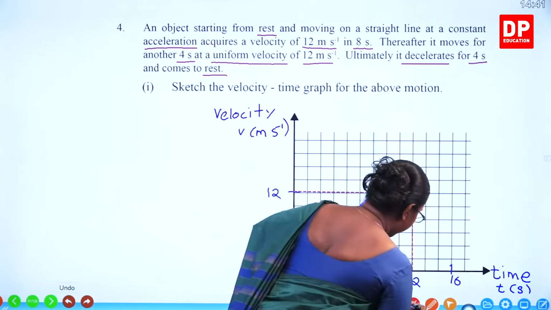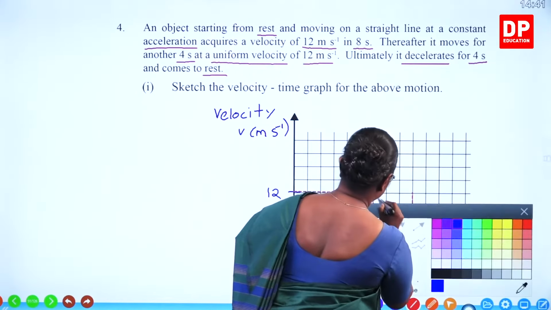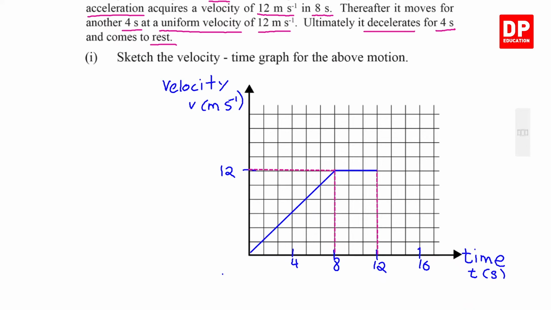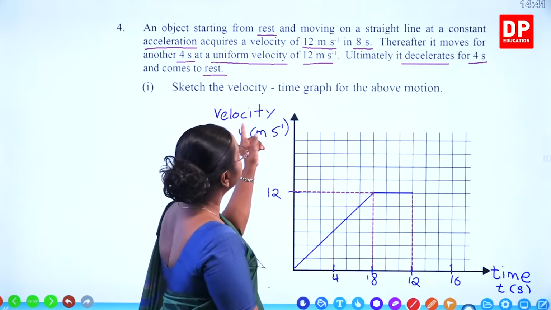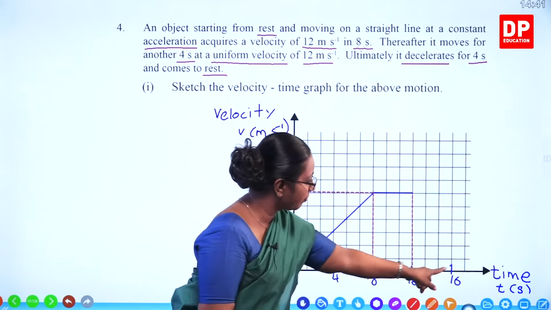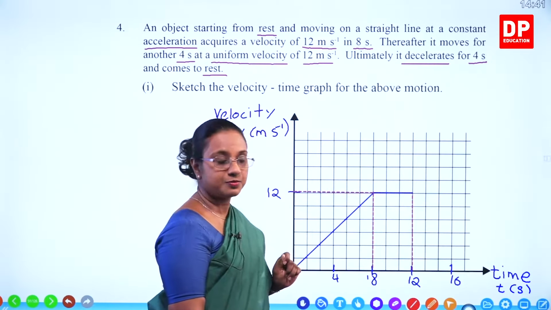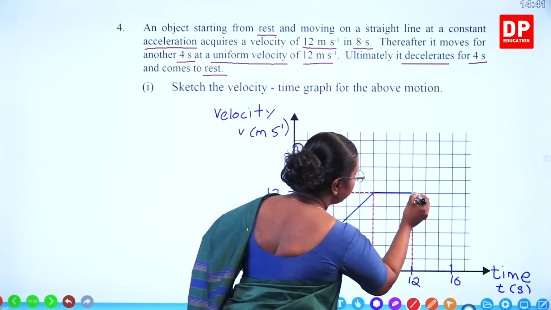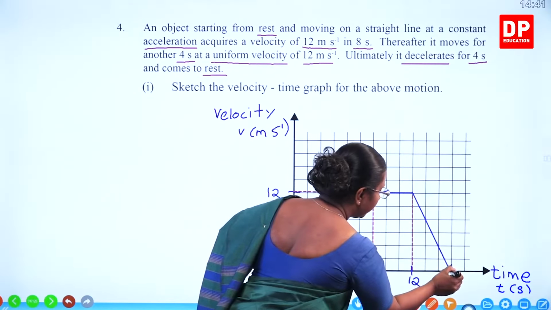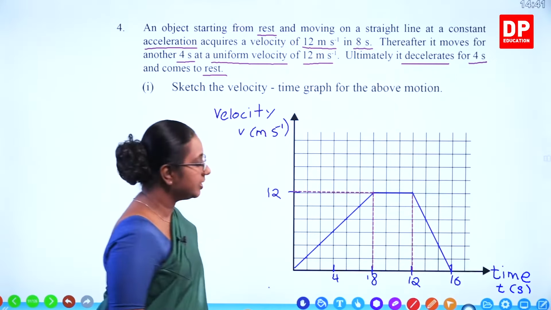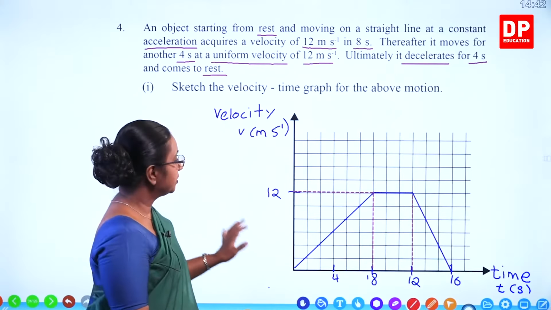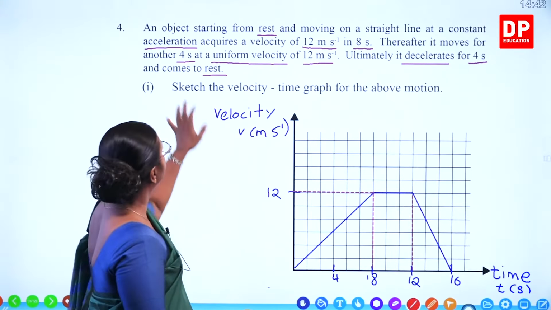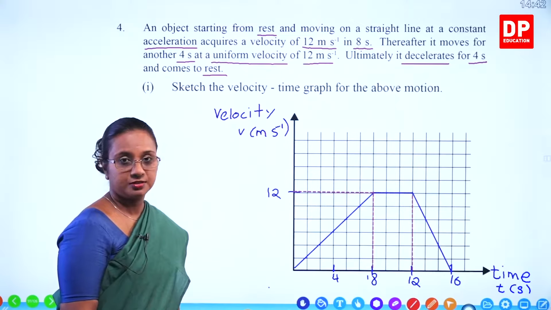If I plot the graph, it will be from 8 to 12 seconds, a straight line parallel to the x-axis. And finally decelerates for 4 seconds until it comes to rest. So starting from this point, it will decelerate and come to the 0, that is the x-axis. So this will be the graph related to this motion.